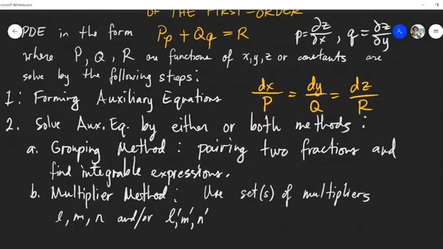Where in the grouping method, we are going to pair two fractions in the auxiliary equations and find some integrable simple expressions. We avoid complicated expressions where we have difficulty integrating. In the multiplier method, we use sets of multipliers. Okay, set or sets.